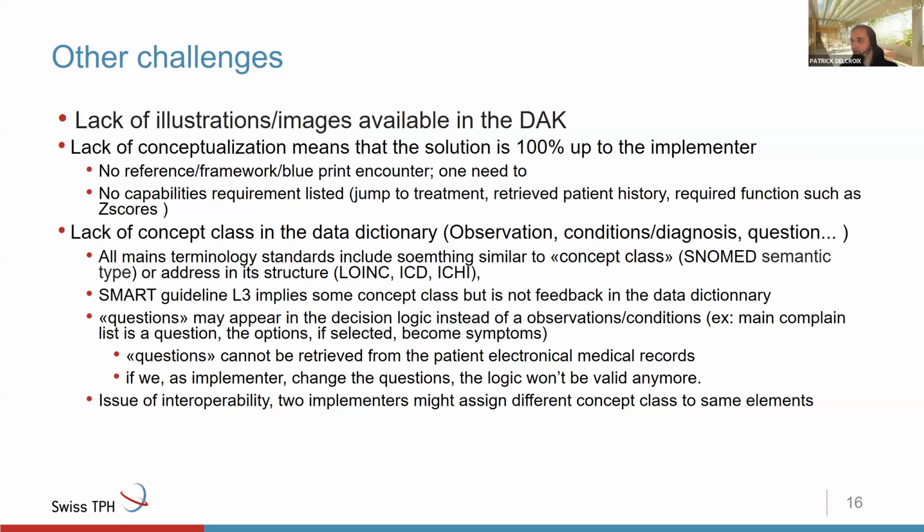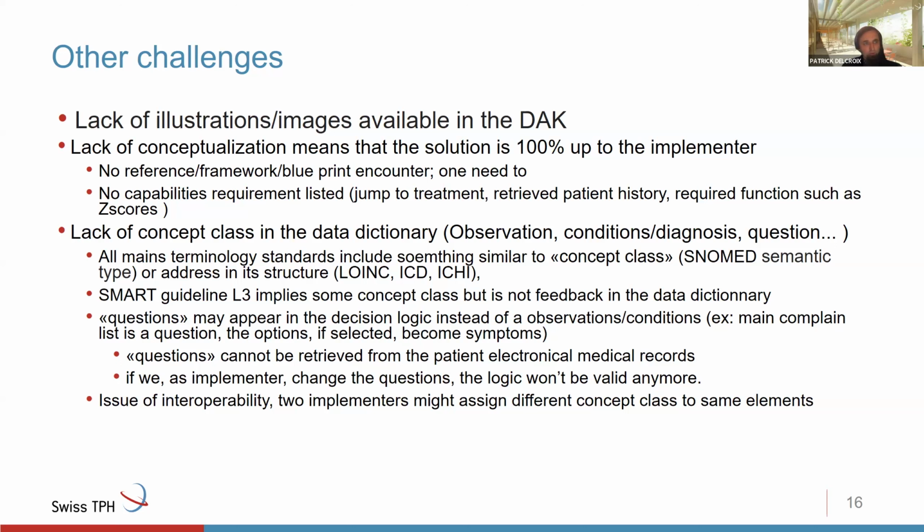For instance, sometimes they say you need to jump from A to B, so your system needs a way to do that. You need to retrieve patient history for most of them, or you need to adapt the DAK to avoid it. Or you need Z scores, and your system needs to provide this kind of thing. If you don't have that, it can be challenging. You can start work with an application in mind and realize at some point that it might be very challenging to use it because it doesn't have the capability you need.